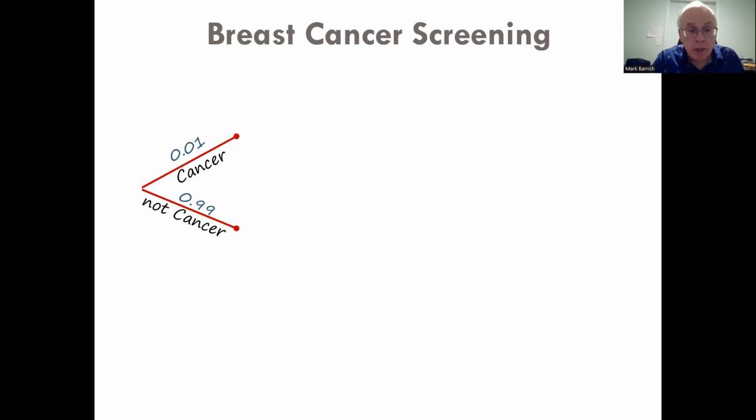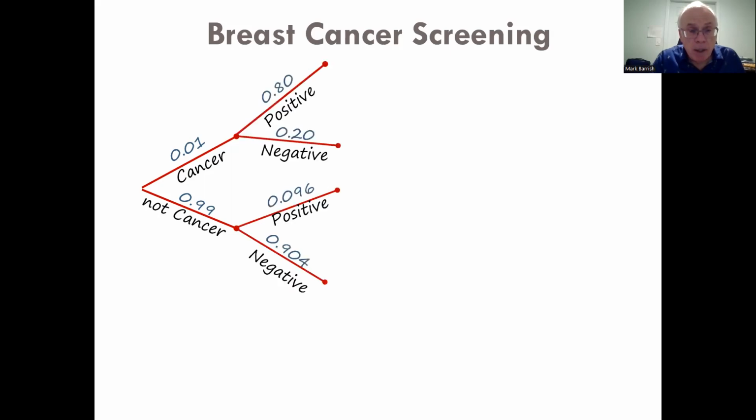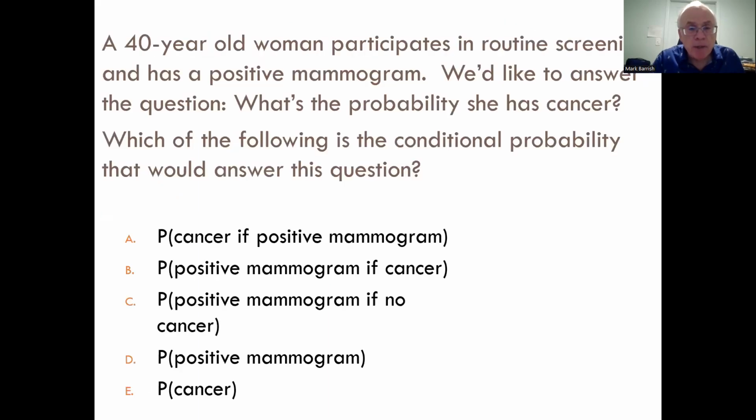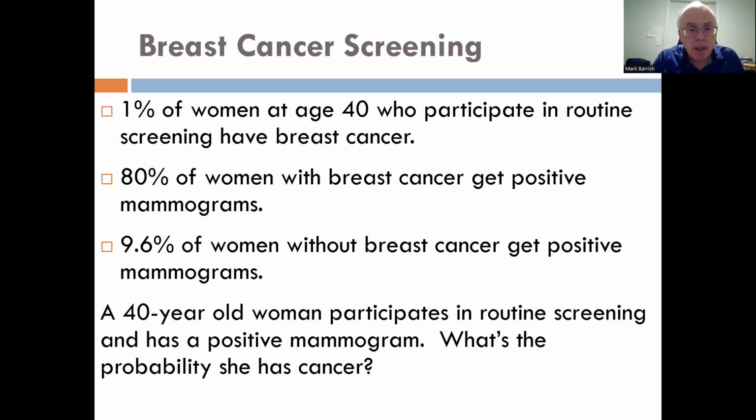We're using 1% as the probability that a person has cancer in the population. Let me look at that again, because this is a little tricky in the wording, and I want to make clear what it's saying. The population we're looking at is women who are screening for breast cancer.